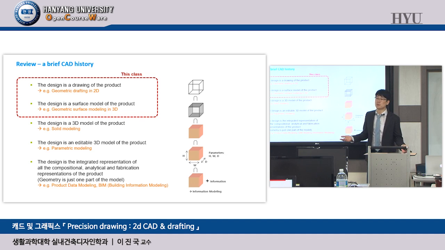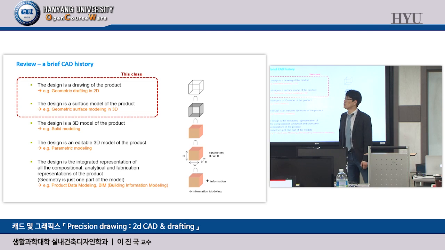So what is the most cutting-edge technology? This one, okay, but we need to tackle it step by step, one by one. Next year, in the third-year digital design and BIM course, in my course, you're going to handle parametric modeling, some program-based modeling, including solid models, in the BIM class, using totally different types of applications. But anyway, now we are dealing with surface-based 3D as well as 2D drafting.